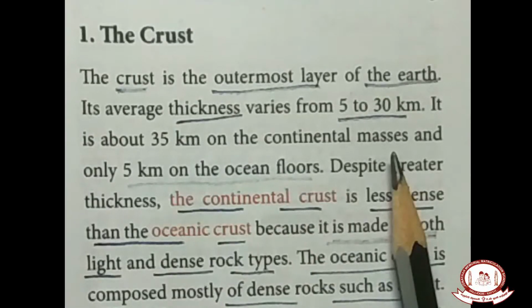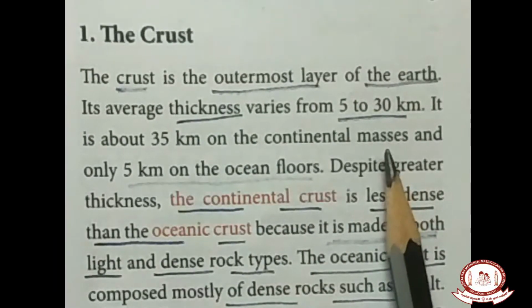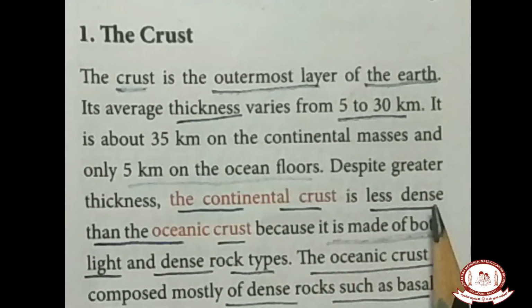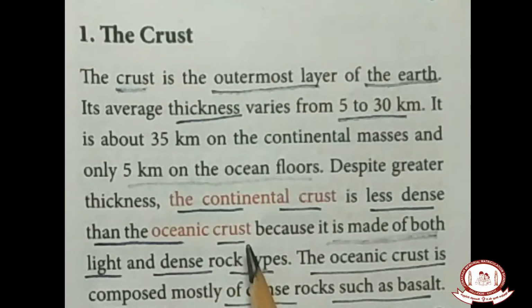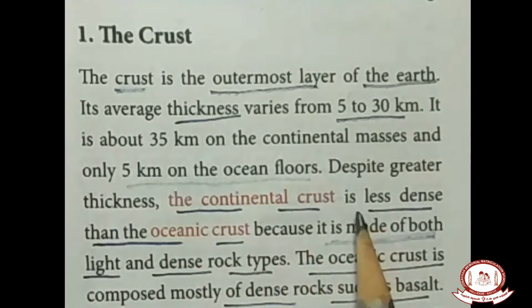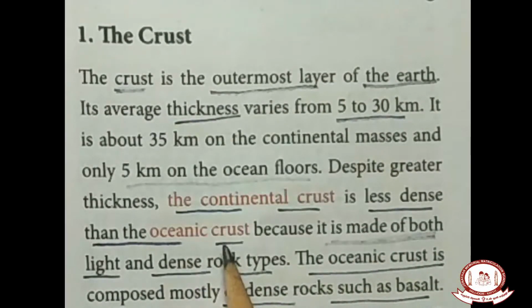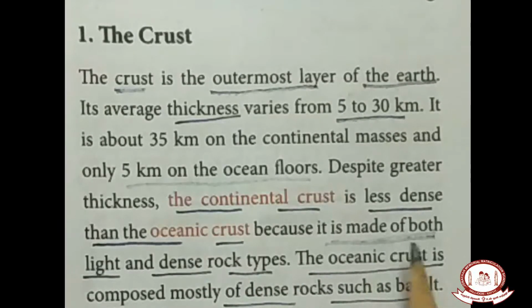We are living in the Asia continent. That means landform. So listen, the continental crust is less dense than the oceanic crust. Do you understand, children? The continental crust is less dense than the oceanic crust. So the earth is made up of both light and dense rock types.